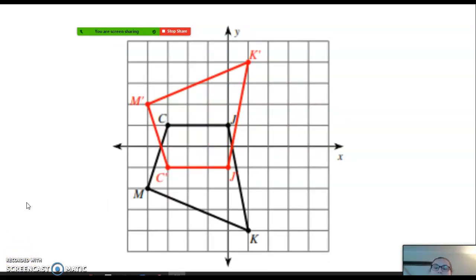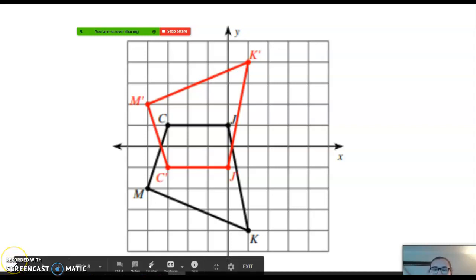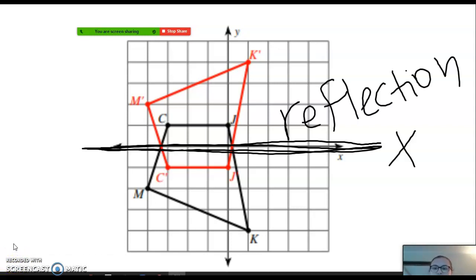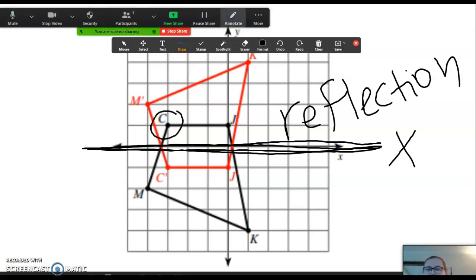Now I want you to tell me what this transformation is. Is it a reflection, a rotation, or a translation? So this is a reflection over the x-axis. Notice point C is 1 unit away from the x-axis. So over here, it's 1 unit away from the x-axis.